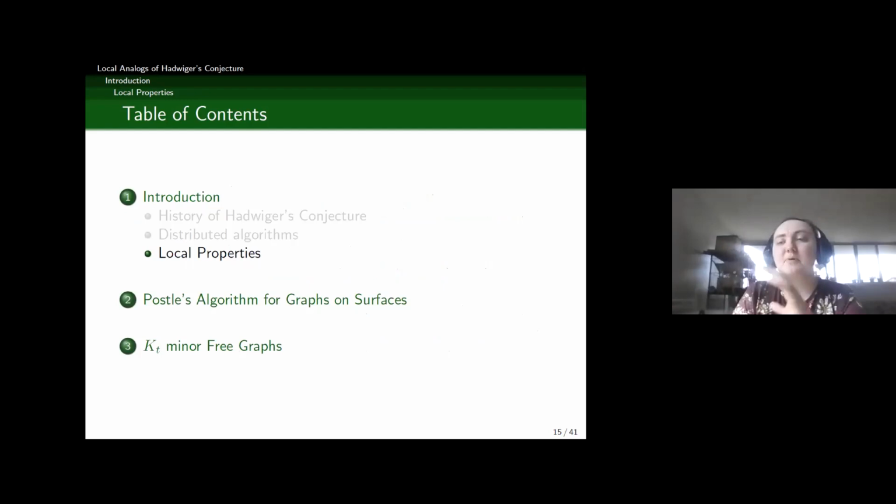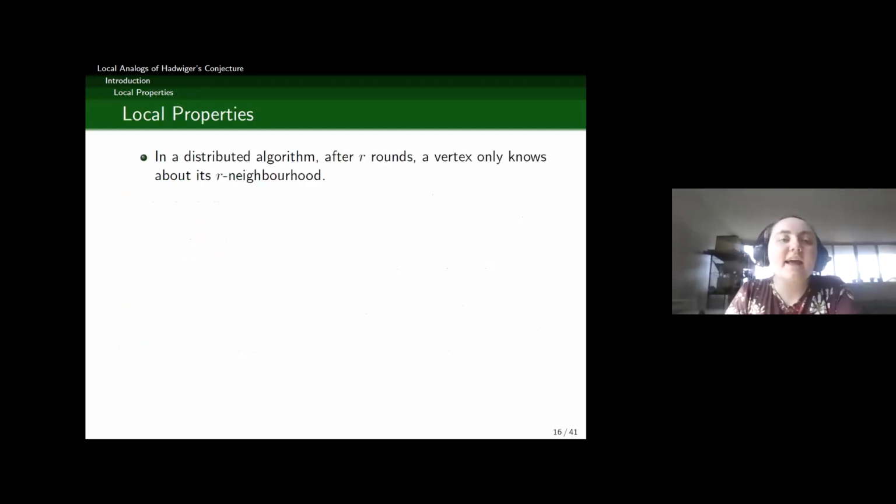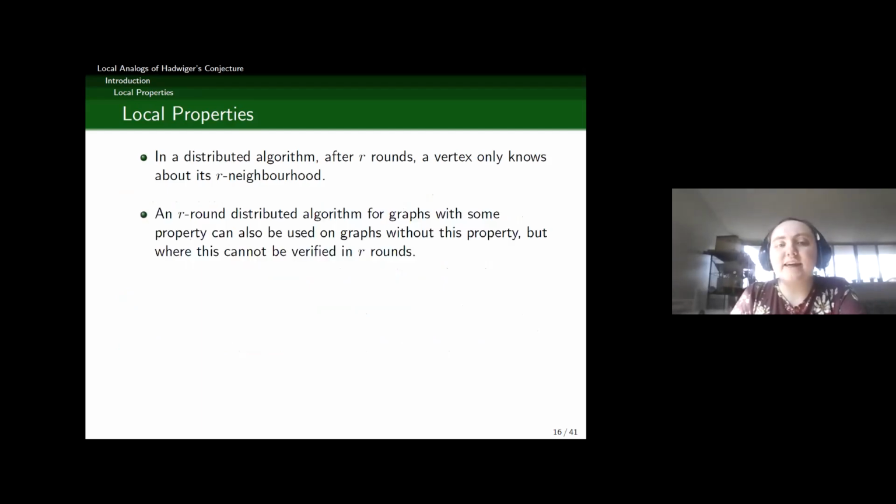So now let's pull those together and talk about what we mean by local in the title of the talk. In a distributed algorithm, after R rounds, a vertex only has information about its R-neighborhood. So if an R-round distributed algorithm exists for graphs with some property, then it can also be applied to graphs that don't necessarily have the property, but where you can't certify this in R rounds.